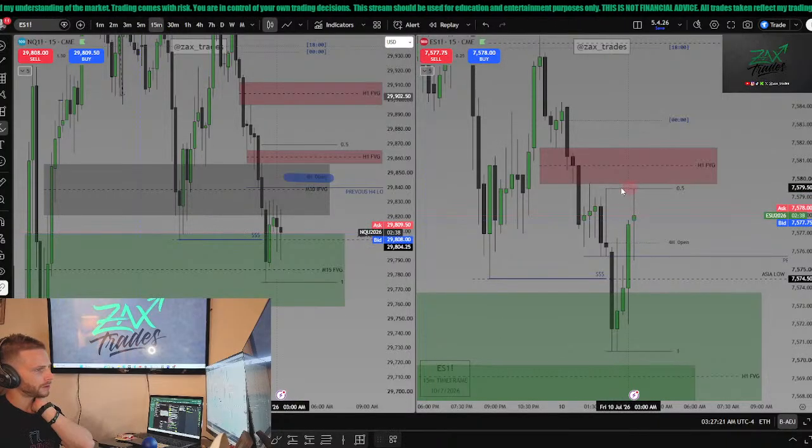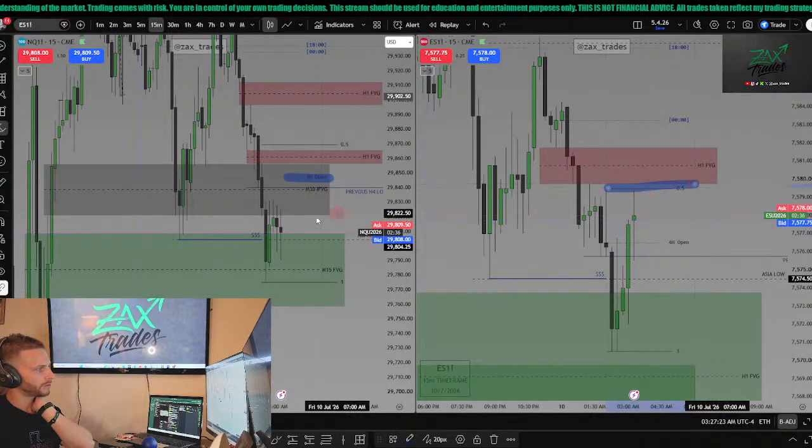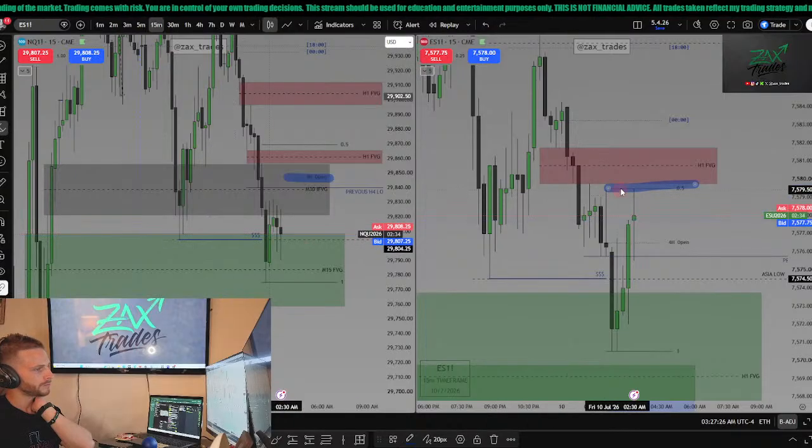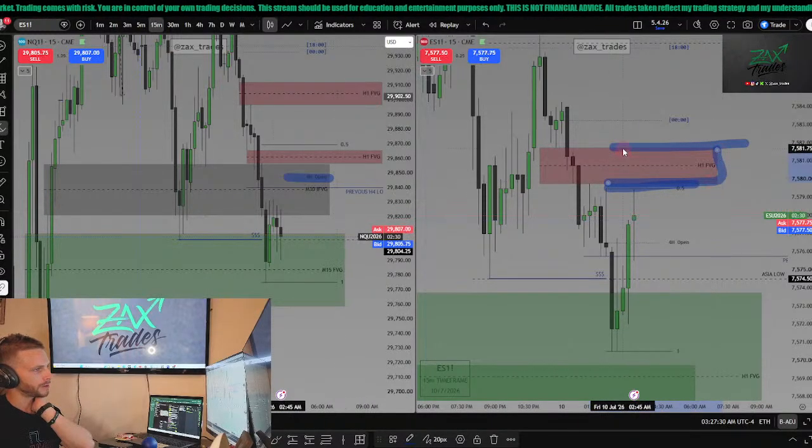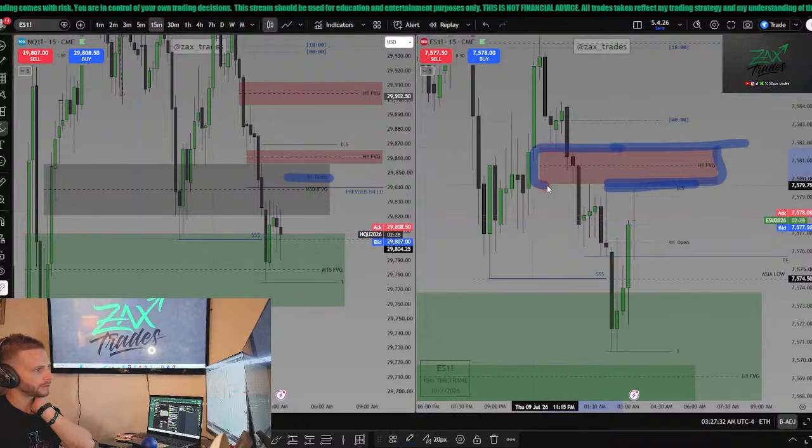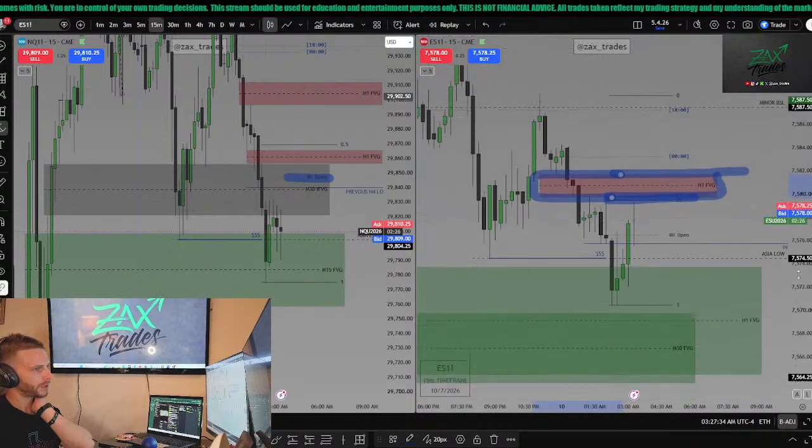Need to now get above our equilibrium and get started on this fair value gap right here, because that's where my eyes are.